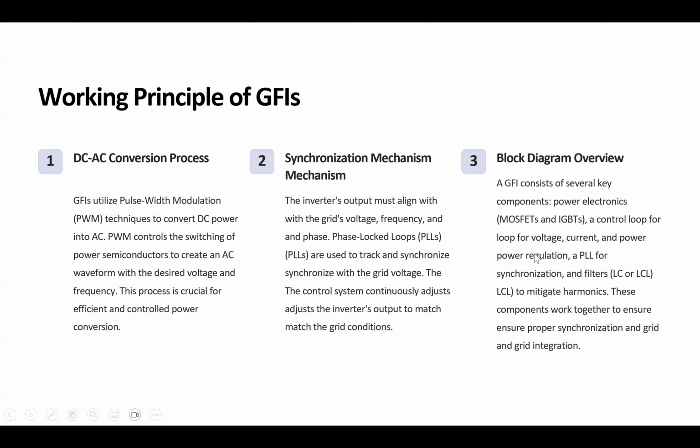Given this information, we could say that a GFI is basically a block diagram of a power electronic switching device, which is that half bridge, H bridge, cascading multi-level, a box of control loop that controls the voltage, current, and power based on the load condition.